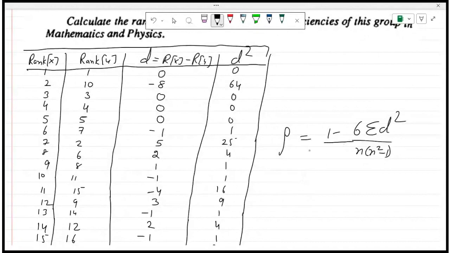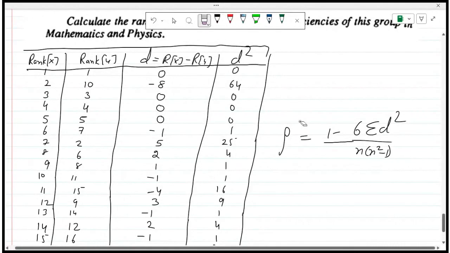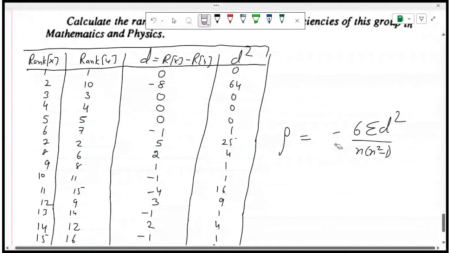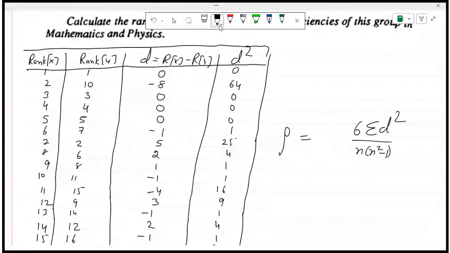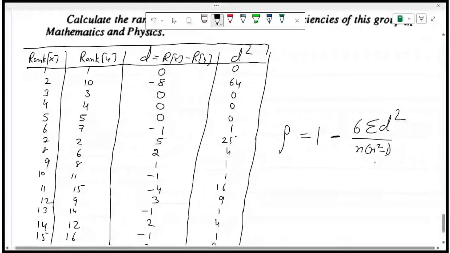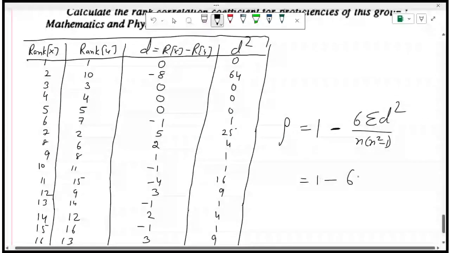This is wrong. This one is separate, and this term is separate. So don't divide this whole thing by n into n square minus 1. Now 1 minus 6 into sum of D square.